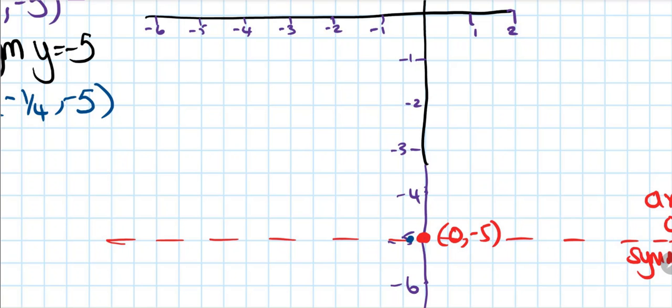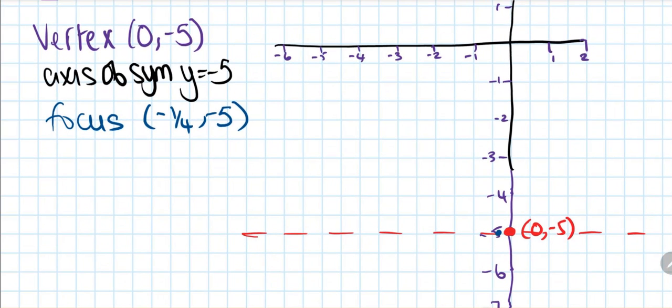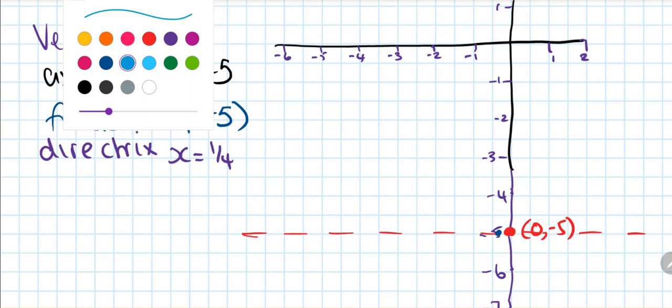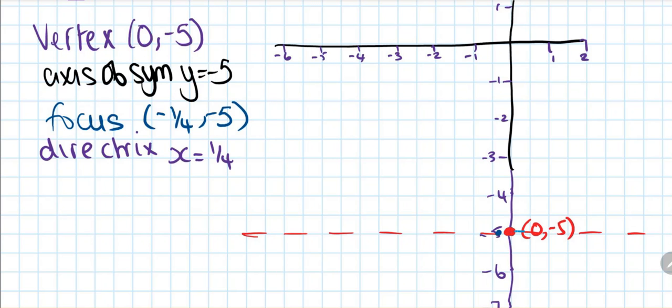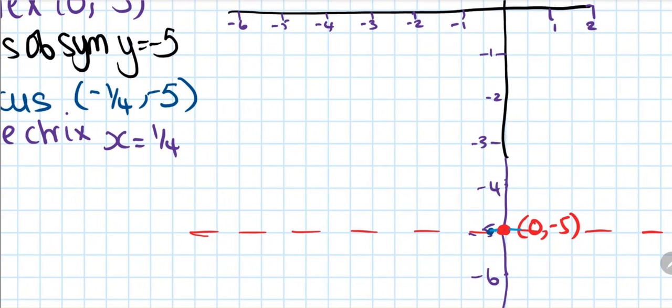And then the directrix. We said that the directrix was at x is equal to 1/4. So this is an equal distance between here and our directrix, which is going to be at x is equal to 1/4.